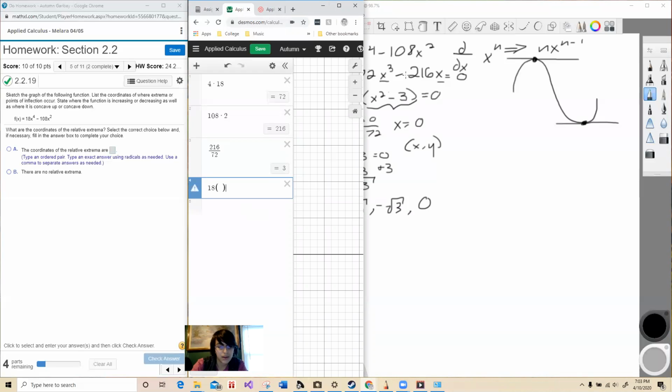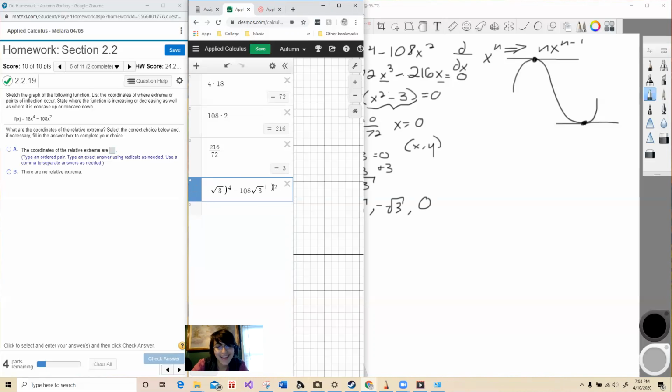So 18, and then let's plug in negative square root 3 first, to the 4th, minus 108 times square root 3 squared. Let me put parentheses around.